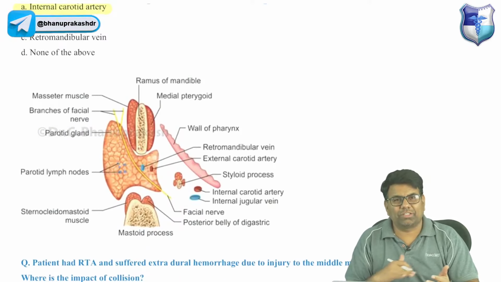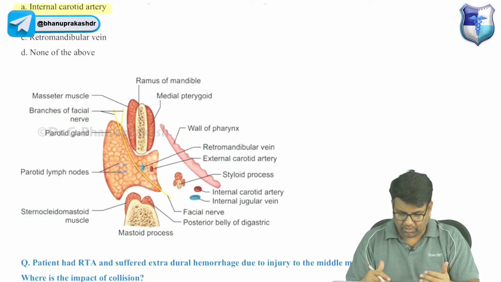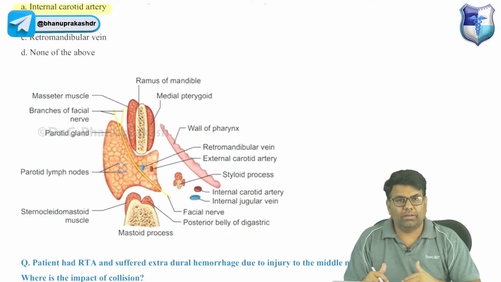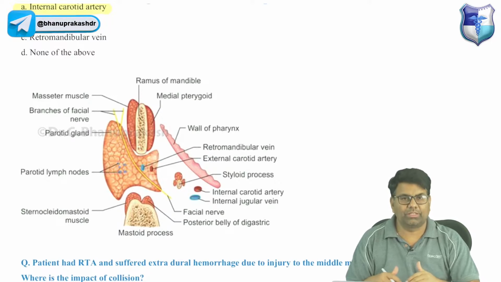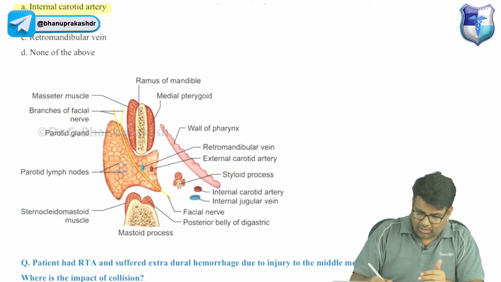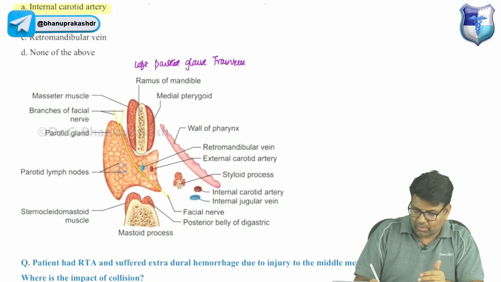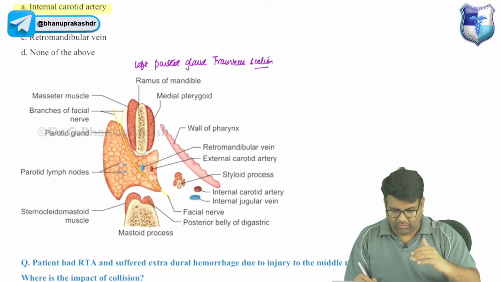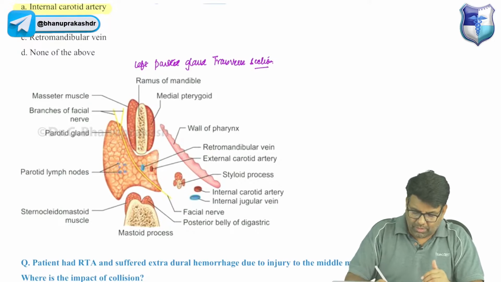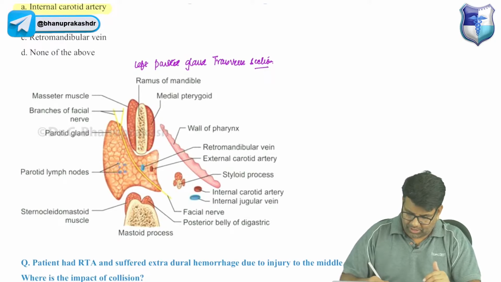If we take a transverse section, now this is the left side, right? So this is the left parotid gland, the left transverse section, and we are seeing from above. You can clearly see that the facial nerve is traveling all the way.